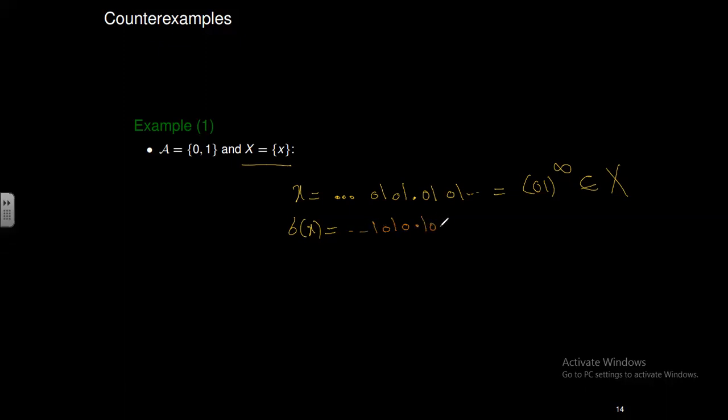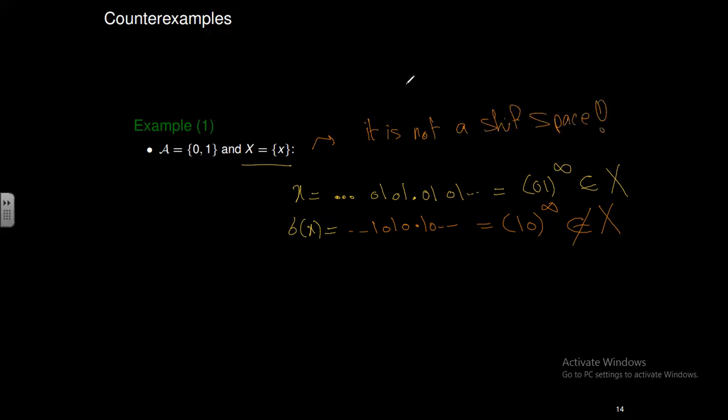So this is not inside of X. So it is not a shift space. So the first criterion: you need to check that the shift map sends your points inside your space. If the shift of a point does not belong to your space, then you can claim that your space is not a shift space.